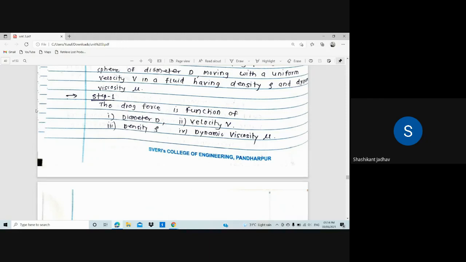Then third, density rho, and dynamic viscosity mu.